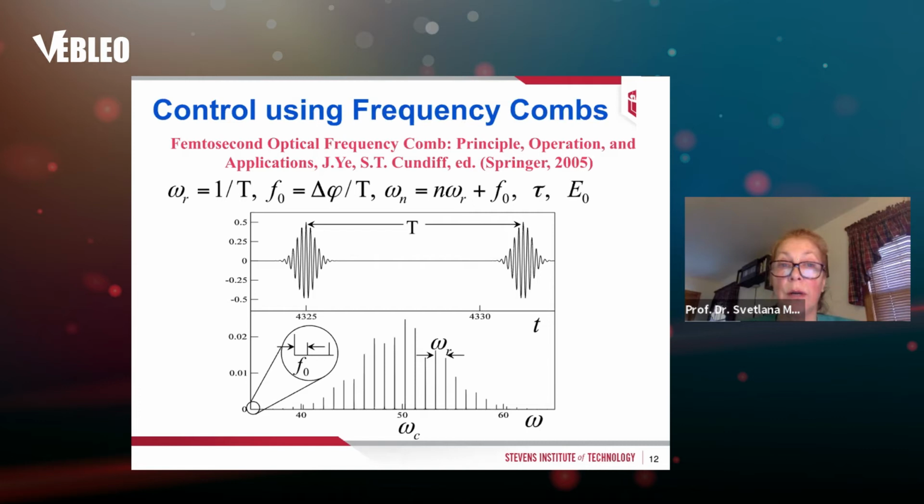Another control parameter is the offset frequency f0. Then omega_n, which is the optical frequency with n a large integer multiple. Tau, which is the pulse duration, and the field amplitude, and certainly the phase of the field.